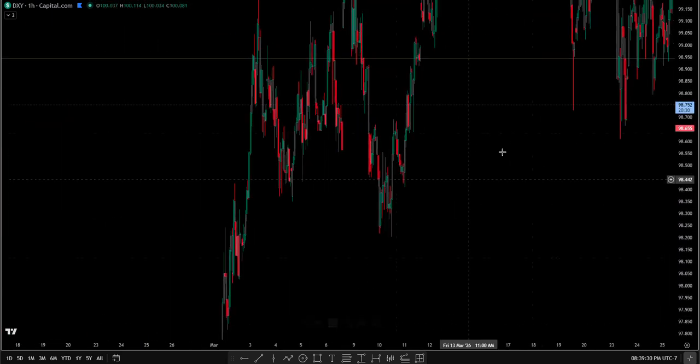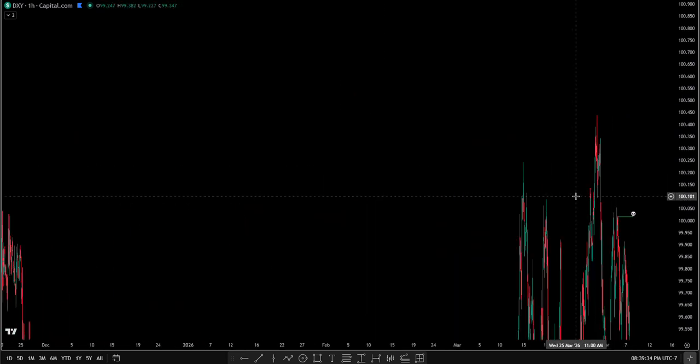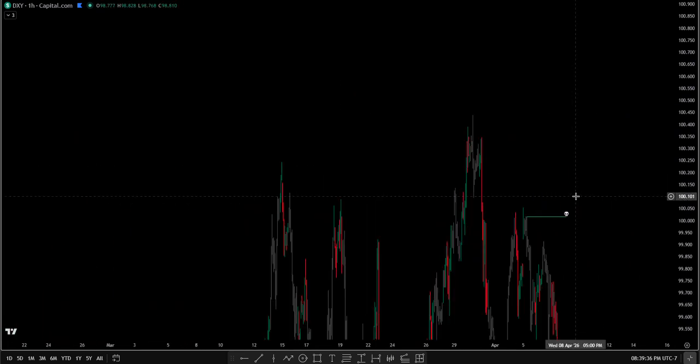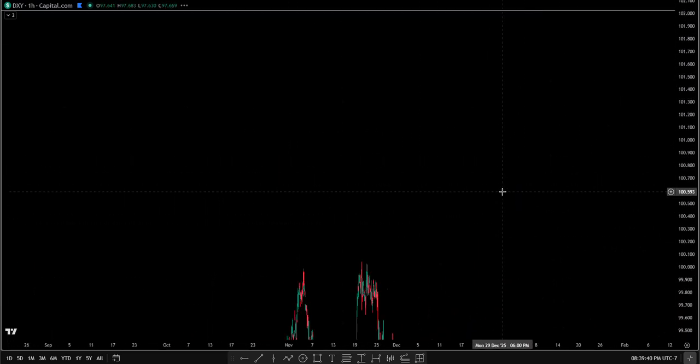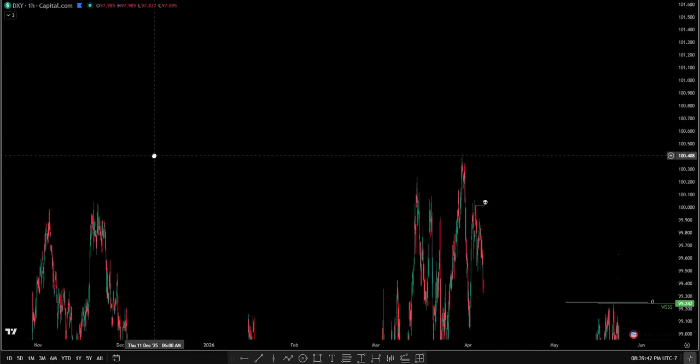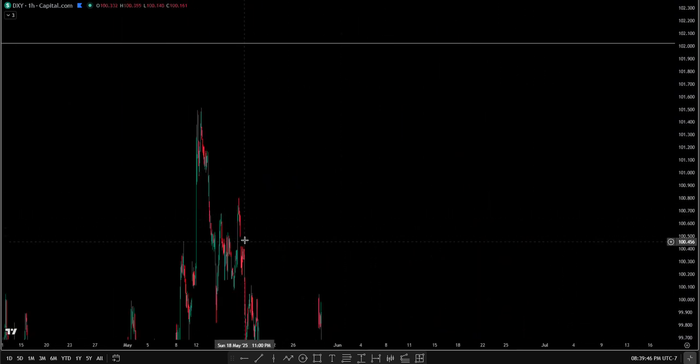So let's go see if we have anything up top though. Up top. No. Yeah, this gap right here. Is that a weekly, new week opening gap?